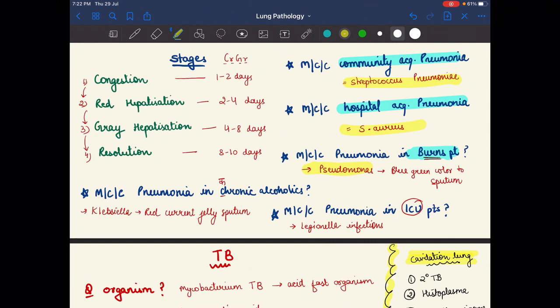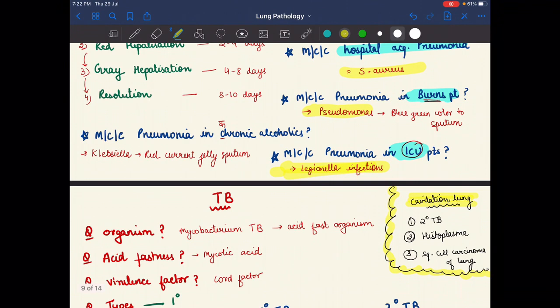The most common cause of pneumonia in an ICU patient is Legionella. Please remember these types: community acquired, Streptococcus; hospital acquired, Staph aureus; burn patient, Pseudomonas; ICU patient, Legionella infection.